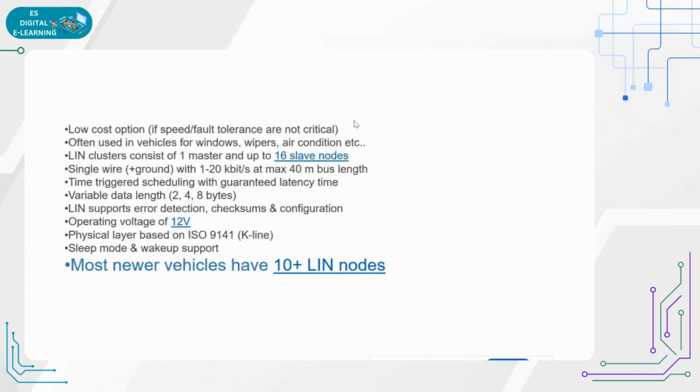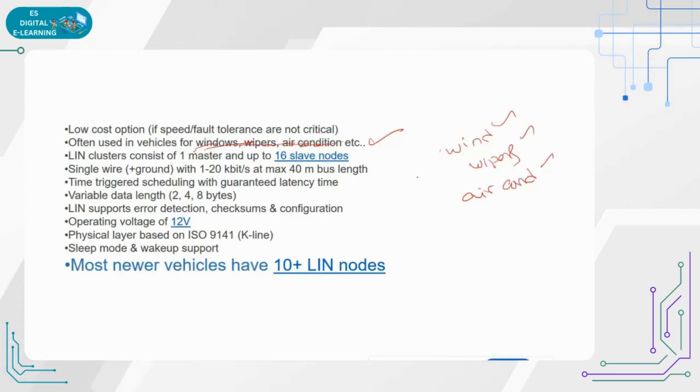So these are very important. It has low cost, and we use it in windows, wipers and air conditioning systems. Windows is one project, okay, and wiper is also one project, and air conditioning also. These are very, very big projects. In real time, we usually work on them for 3 years, 4 years, 5 years, continuously.